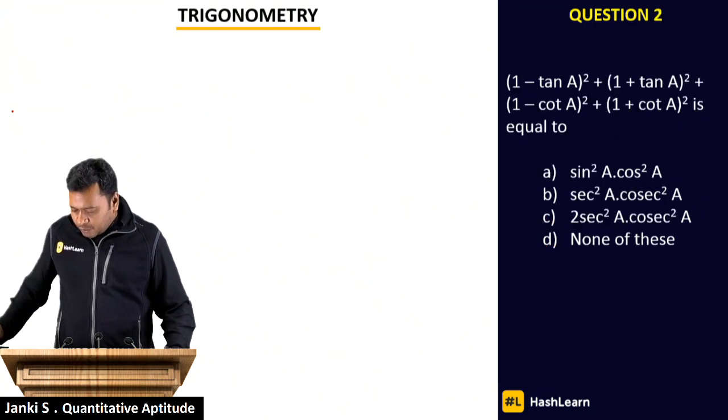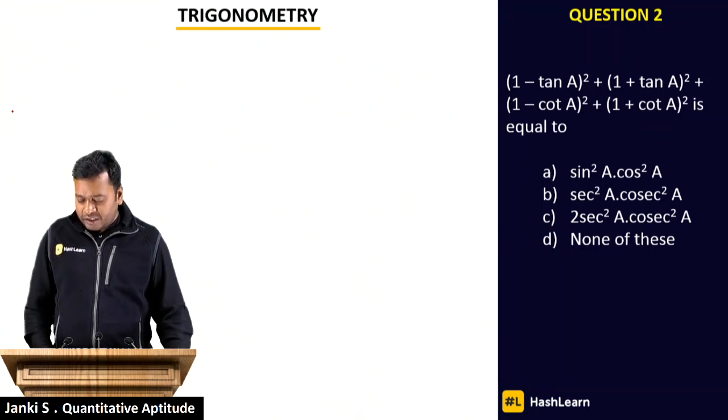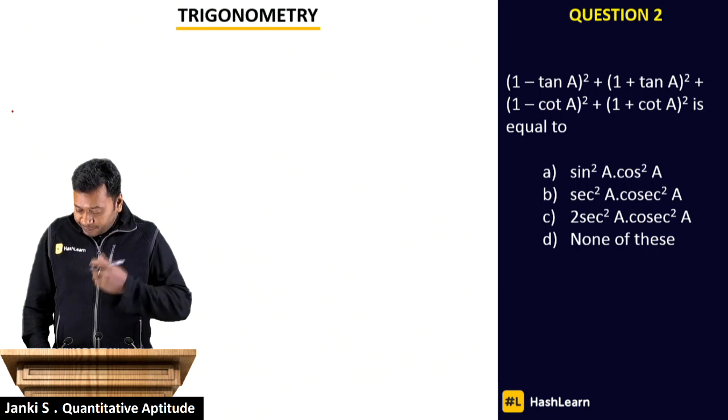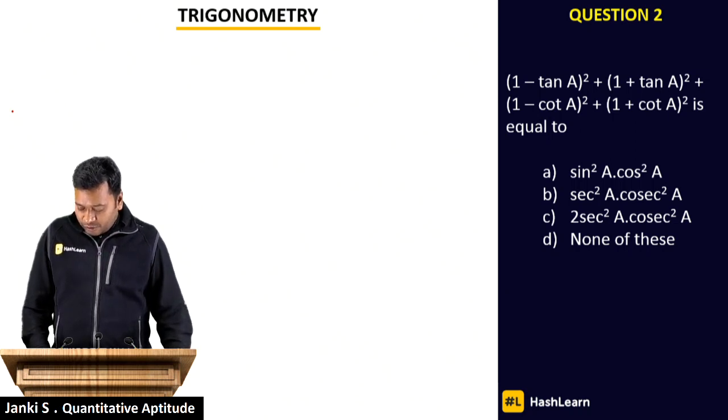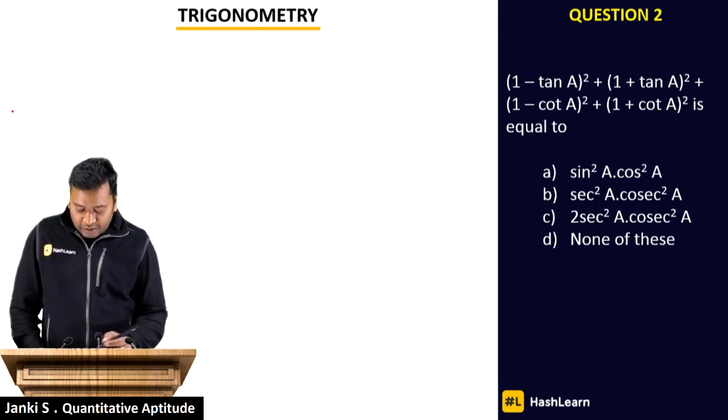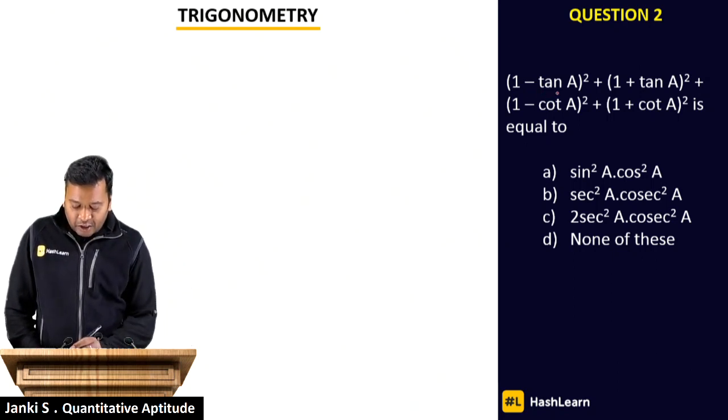So let's check the next one. The next one is nothing but 1 minus tan a whole square plus 1 plus tan a whole square. This is completely formula based, right? So 1 minus tan a whole square is in terms of a minus b whole square.